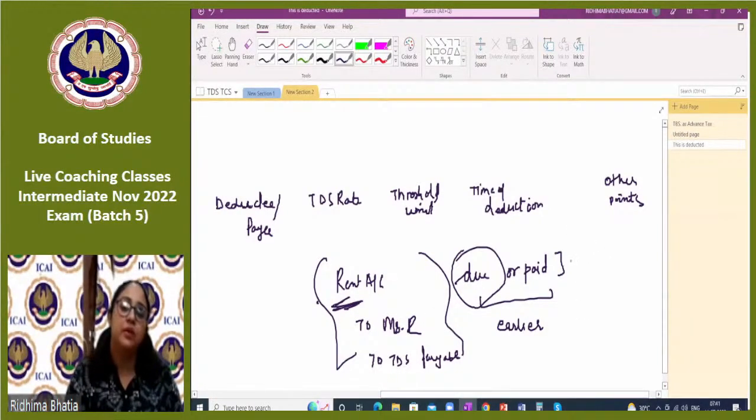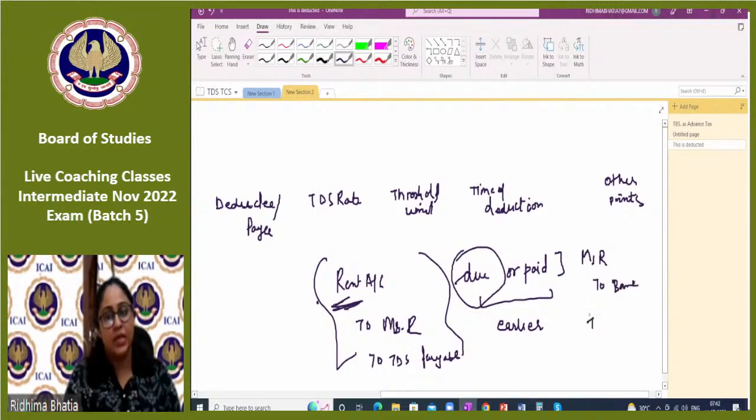Suppose I have given an advance tax payment. So then also Miss R to bank, advance tax, and to TDS payment. So if I'm making an advance tax payment, then 10% has to be deducted.